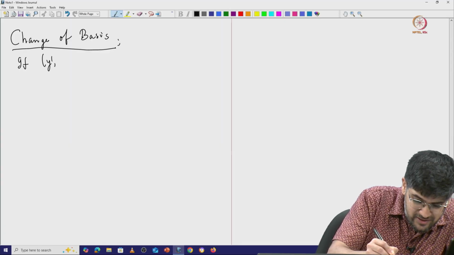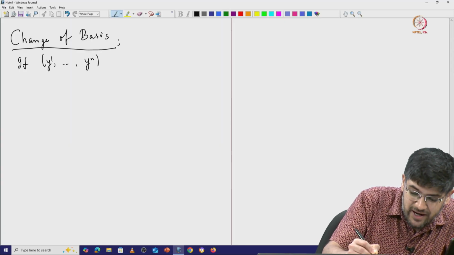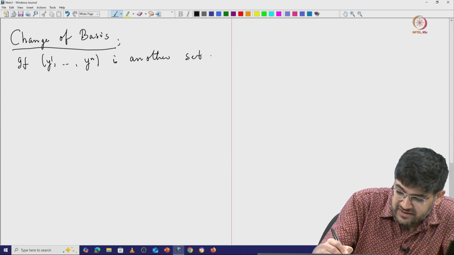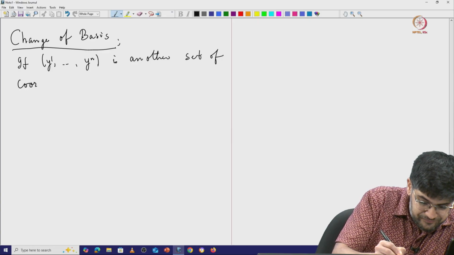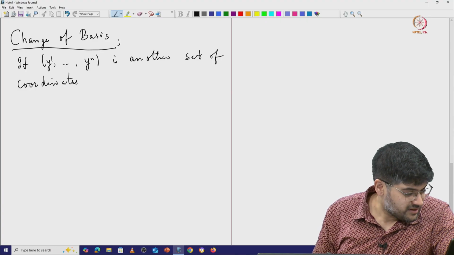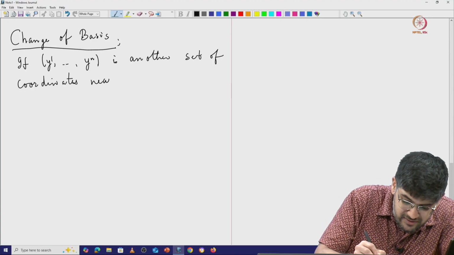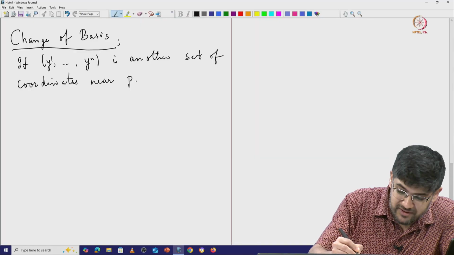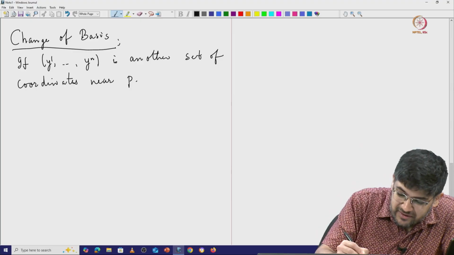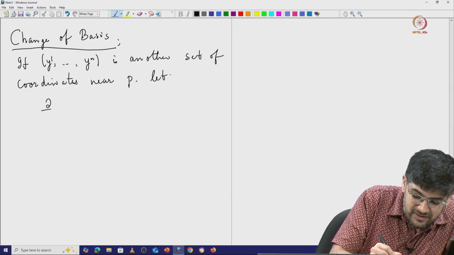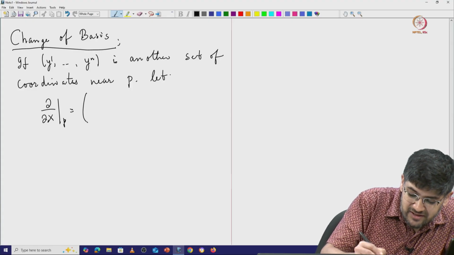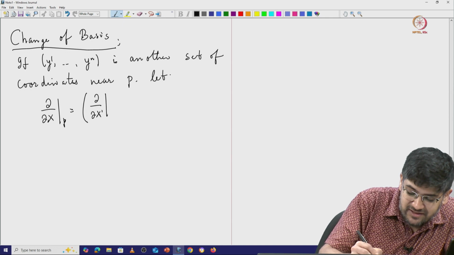So if y1 up to yn is another set of coordinates near this point P, then I'll let del by del x be this row vector given by the basis vectors in the x coordinate system.